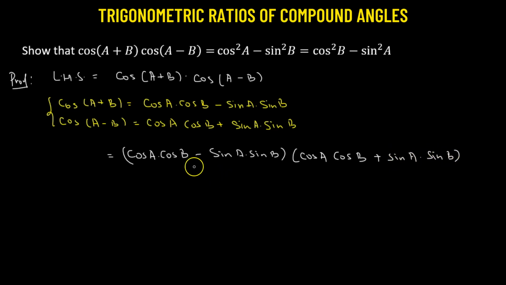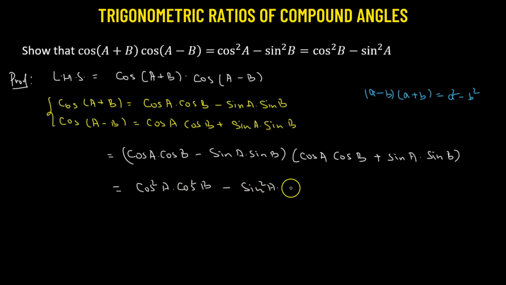Now clearly we can see this is the formula a minus b multiplied by a plus b. That's a standard identity: the product of the difference of two numbers times the sum of the two numbers equals the difference of the squares, a squared minus b squared. So using this we can expand it to get cosine squared a multiplied by cosine squared b minus sine squared a multiplied by sine squared b.